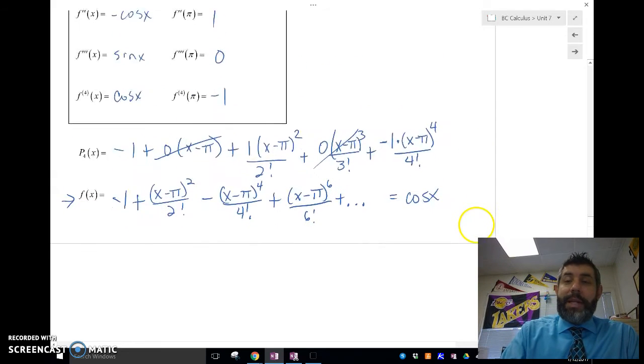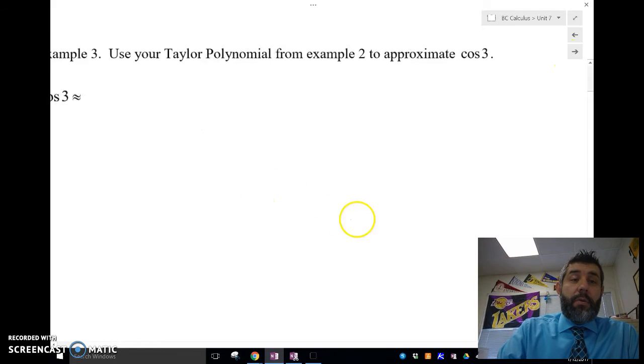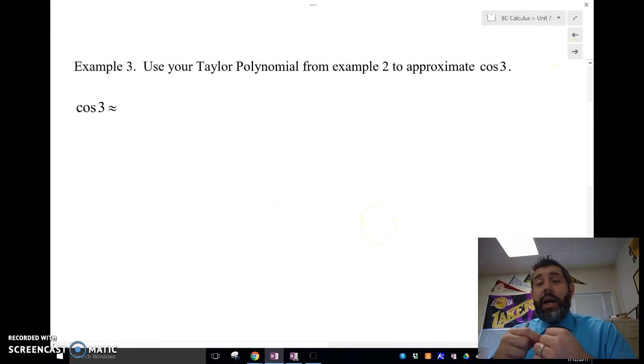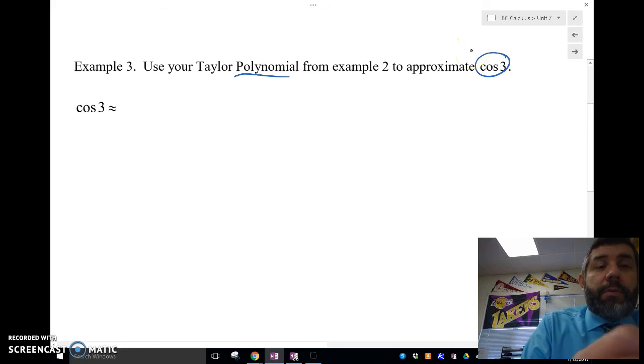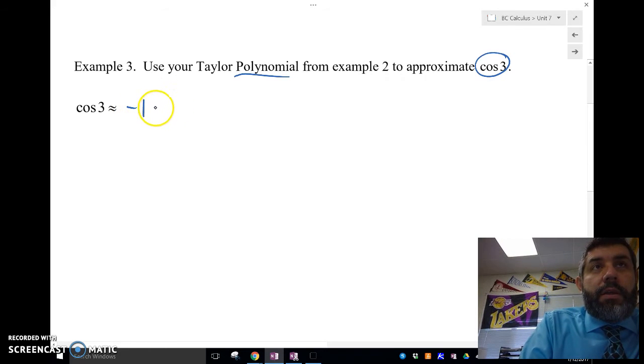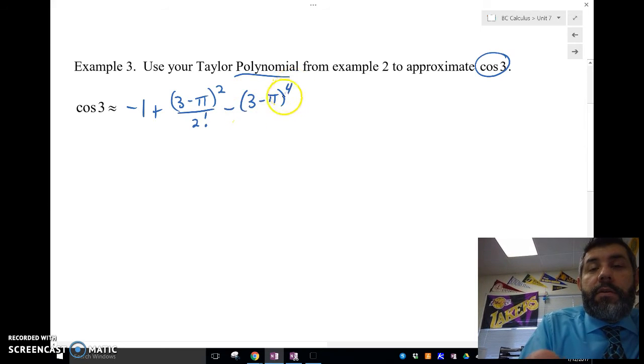So, in my next example here, we want to use the Taylor polynomial that we just got, the 4th degree polynomial, to approximate cosine of 3. So for cosine of 3, we're going to use the Taylor polynomial now. So we're going to have negative 1 plus 3 minus pi squared over 2 factorial minus 3 minus pi to the 4th over 4 factorial.